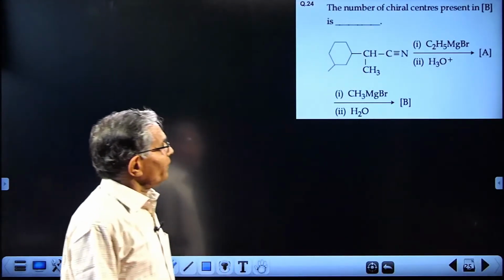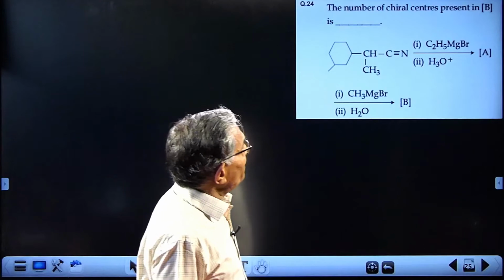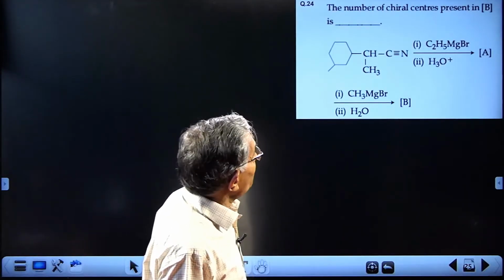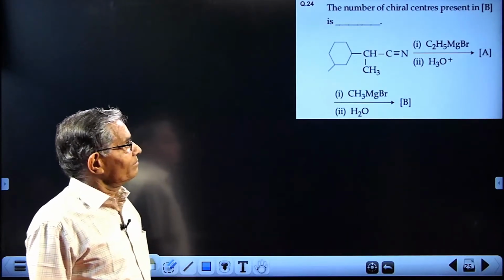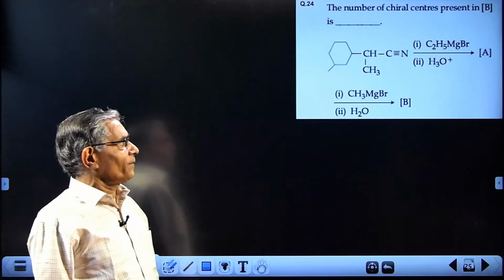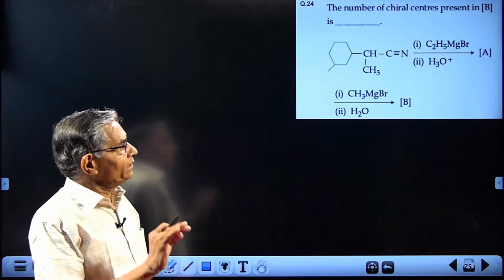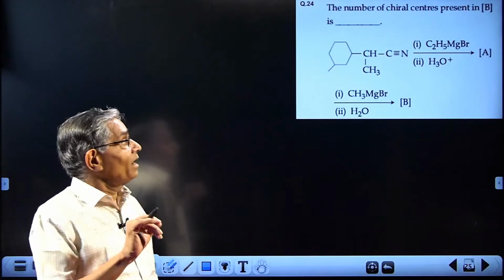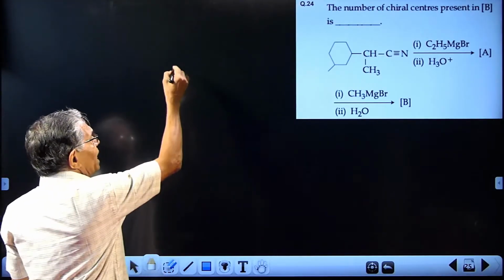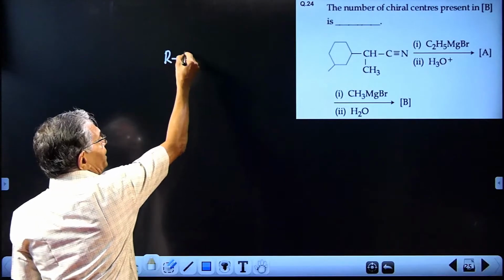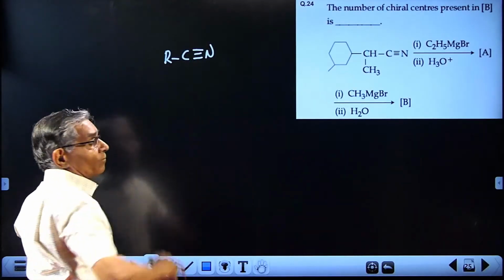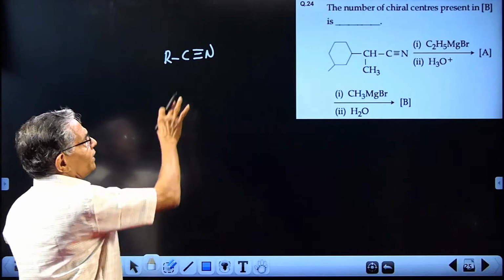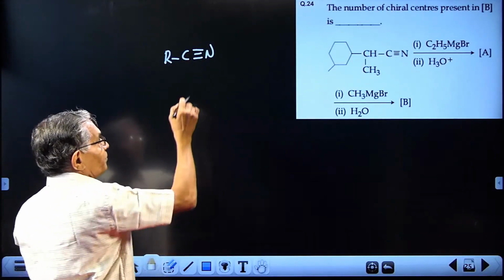Then 24. The number of chiral centers present in B is, there are two reactions given. Methyl magnesium bromide and ethyl magnesium bromide reacting with an alkyl cyanide. You know the alkyl cyanide, let it be RC triple bond N. It's a standard reaction of Grignard reagent with cyanide.